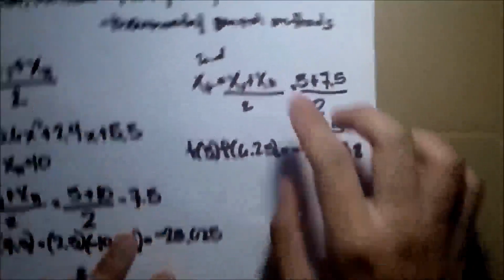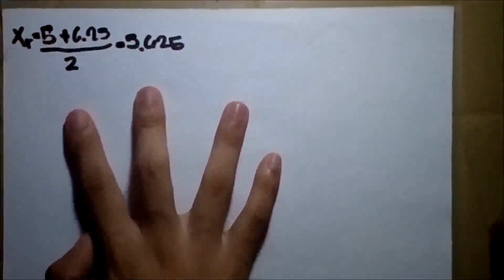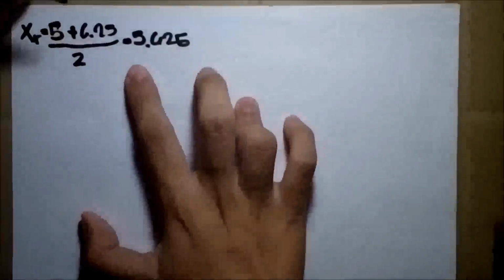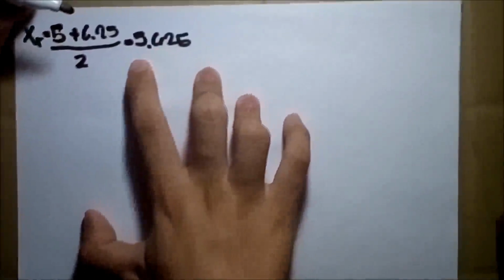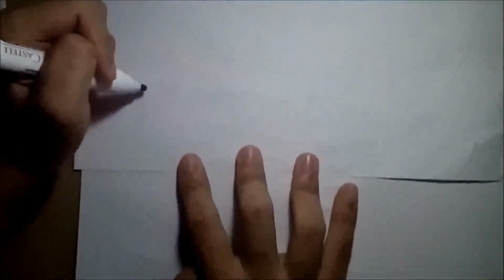Next, for the third iteration, x sub r equals 5 plus 6.25 over 2 equals 5.625. In the third iteration, the answer is nearer than in the first two iterations because we are cutting the intervals in half until we reach the real root.